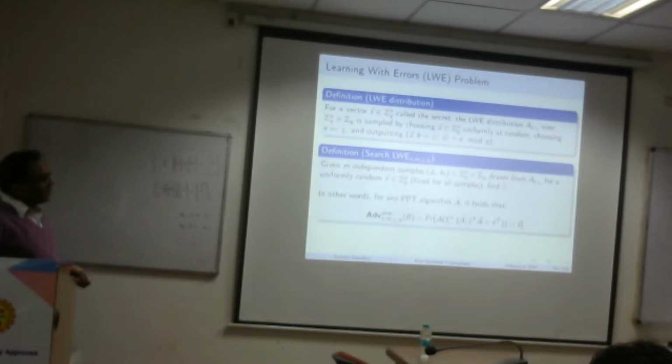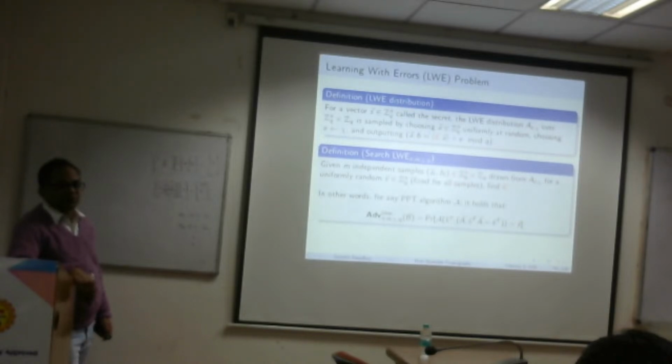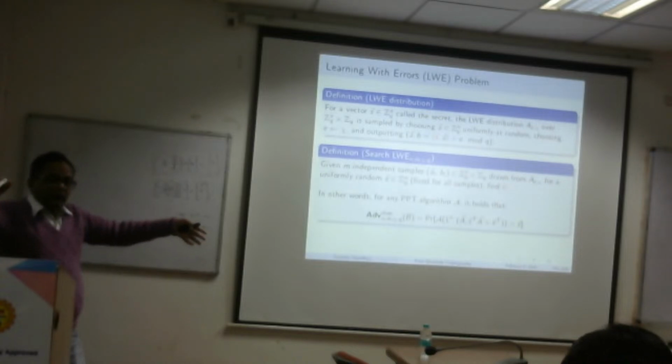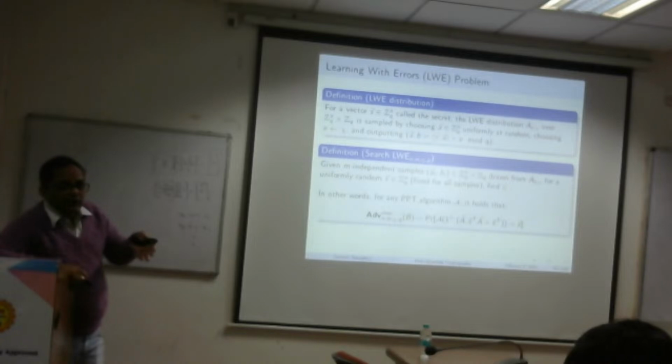If I look at the distribution, S times A plus E actually looks like a random value. So whether I am giving you A and B independently, or I am giving you B as S times A plus E, you cannot even figure out which.